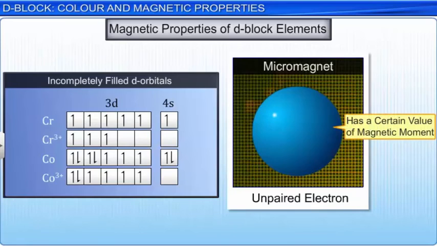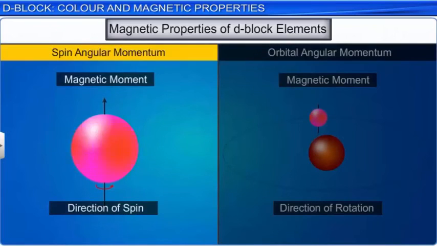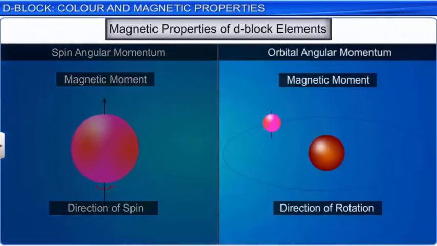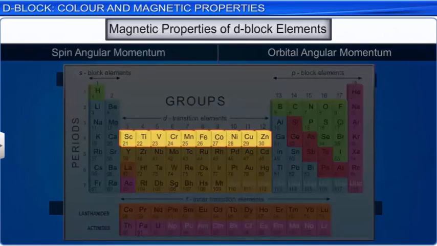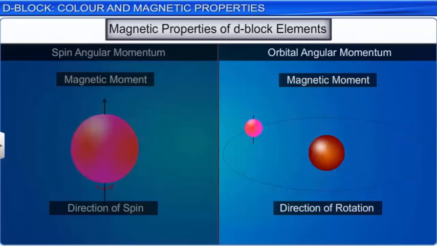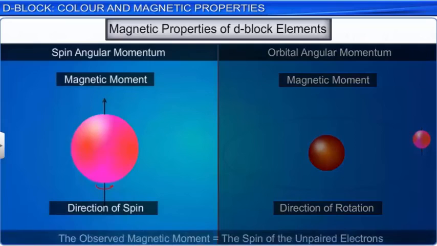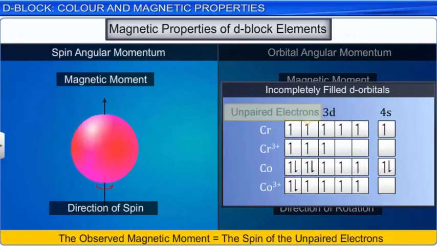However, for 3d series of elements, the orbital angular momentum of the electrons is small, and hence its contribution in these elements can be ignored. Therefore, the magnetic moment for these elements is determined by the spin-only formula: mu equals the square root of n times n plus 2.